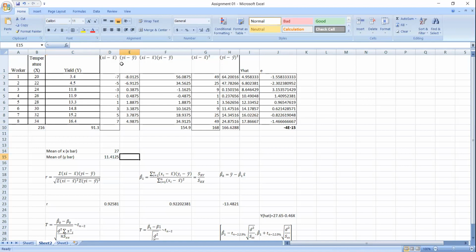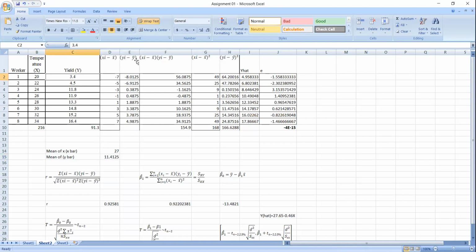Then if you take the equations of beta 1 and beta naught, we have to take the differences between xi and x bar, and yi and y bar. So here I have subtracted the x bar value, that is 27, from each and every observation of x. And in column E, I have taken the difference between every y value and its mean, that is 11.41.